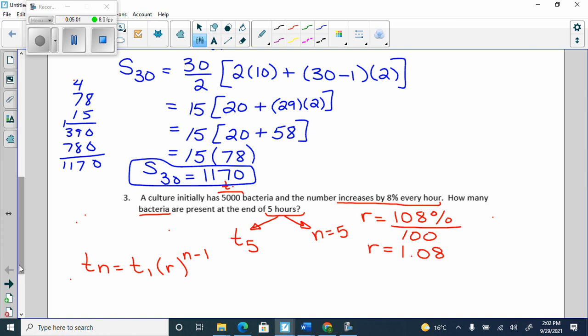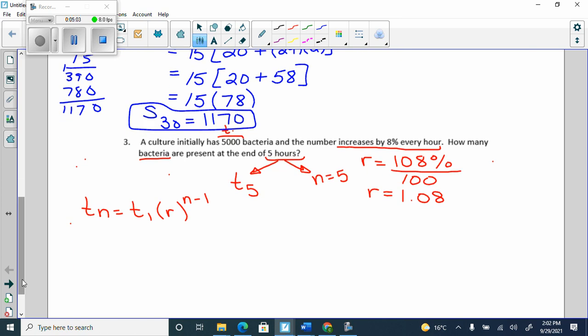How many bacteria are present in 5 hours? So I don't want to know how many are present in the first 5 hours, because that would be S5. I want to know how many are present in the 5th hour, so that's T5. So T5 equals 5,000, bracket 1.08 to the 5 minus 1.